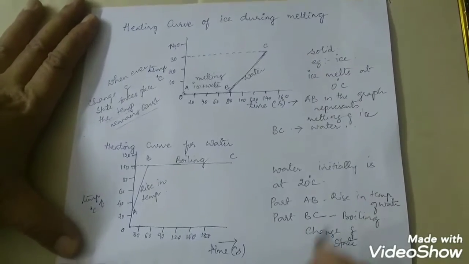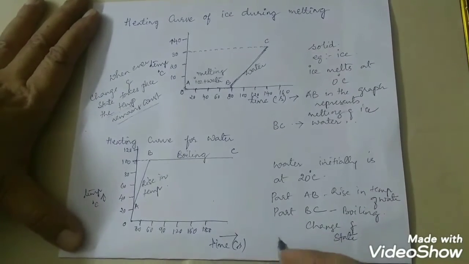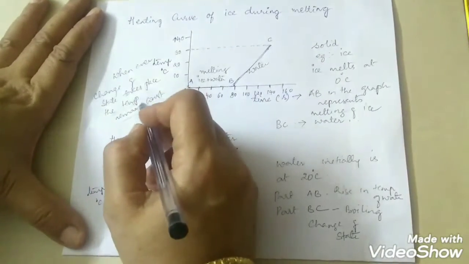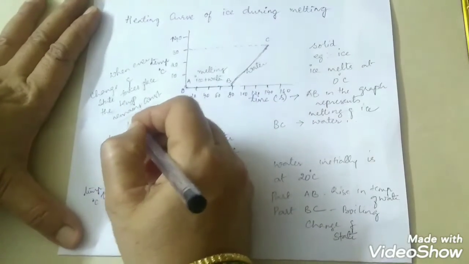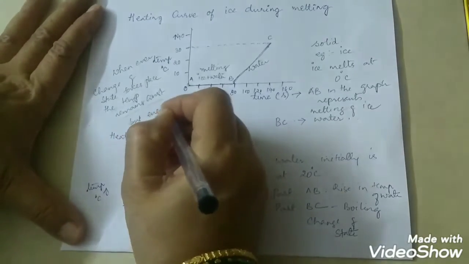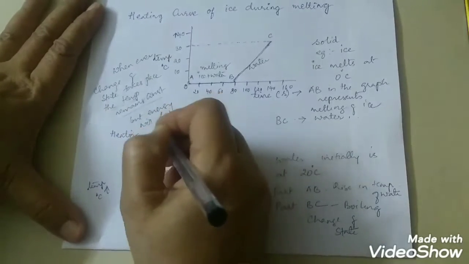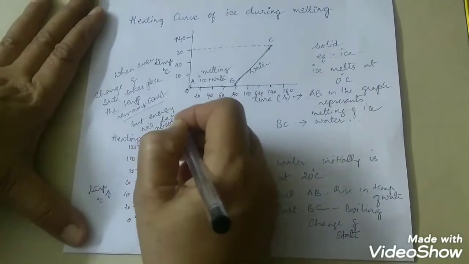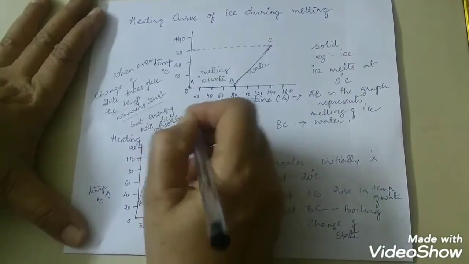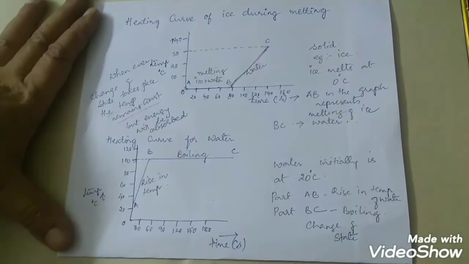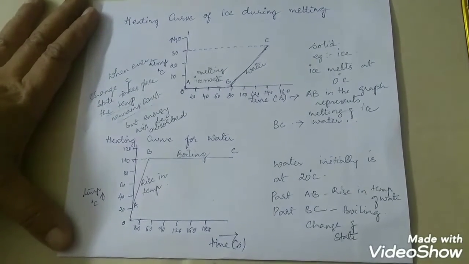So remember, during change of state, the temperature remains constant, but heat energy is absorbed. This is about the heating curve of ice and water.